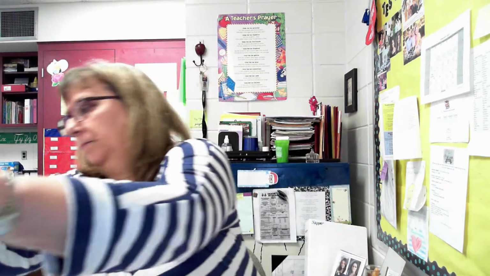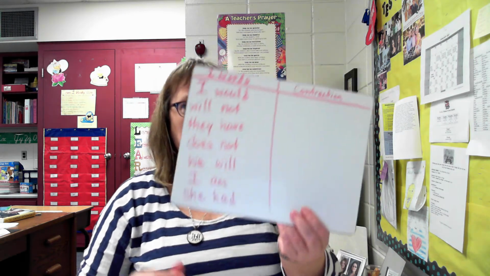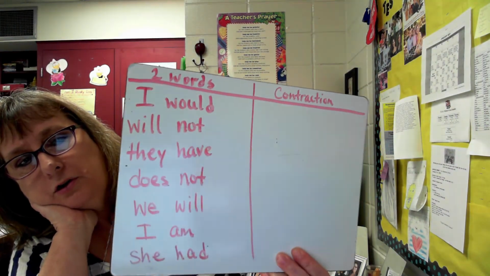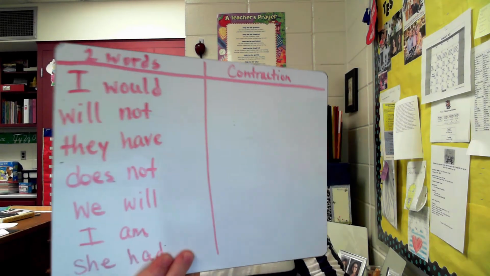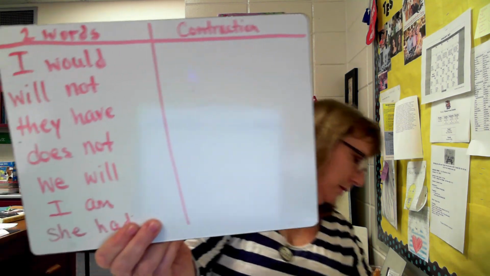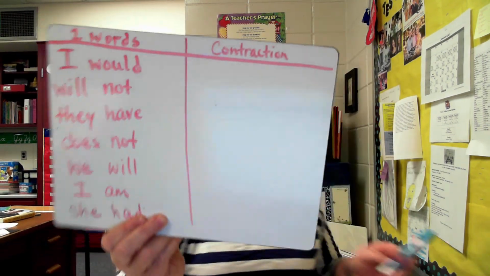Okay, I made a list here, and on this list are your two words, and I want you, give it time to focus, I want you to tell me what it represents. If I had to write the contraction for I would, what would it be?